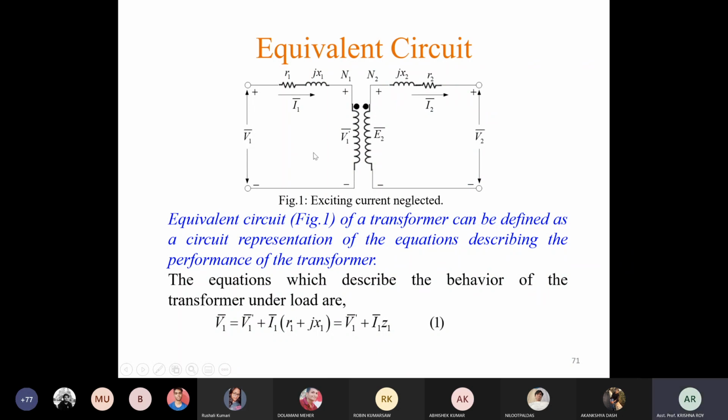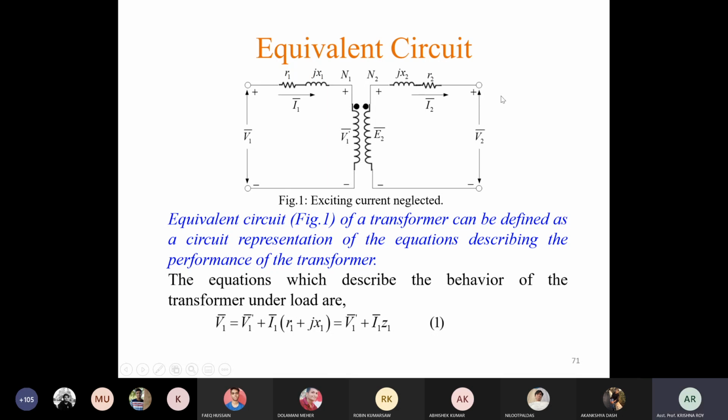If we write E1 here, that will be a voltage rise, and the equation will be V1 plus E1 equals I1 into (R1 plus jX1), but we don't require that concept here. We only write the circuit theory equation, V1 equals V1 dash plus I1 Z1.